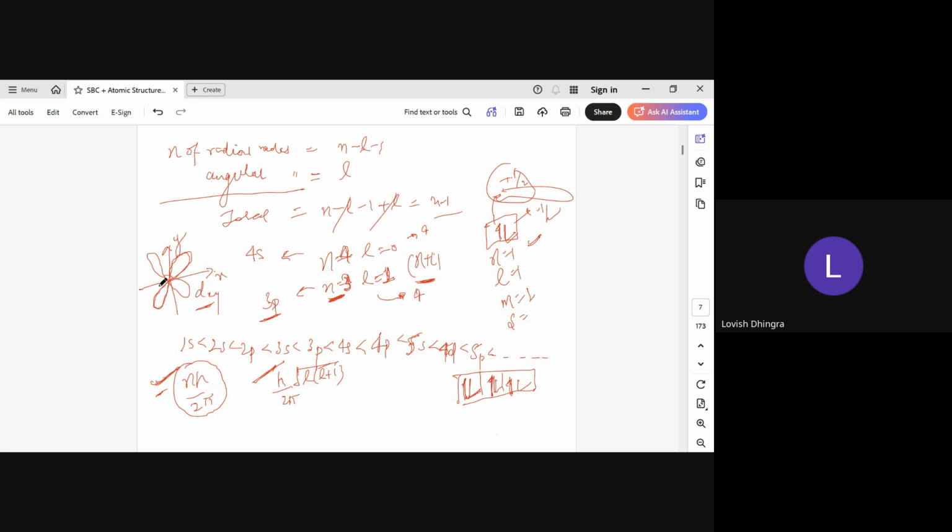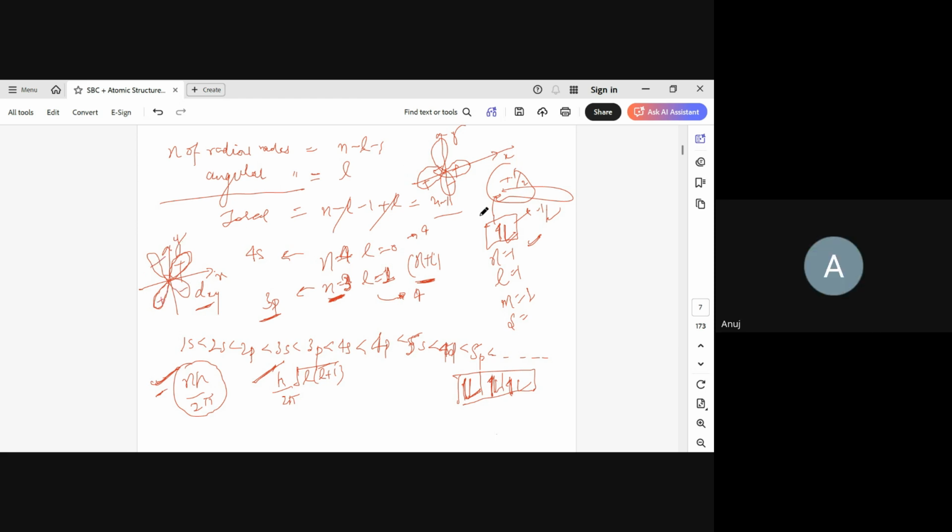Same thing, lobes will be in between the axes. But in the case of dx square minus y square, it will be like this, on the axes. This is x, this is y, so plus, minus. That is clear, right?